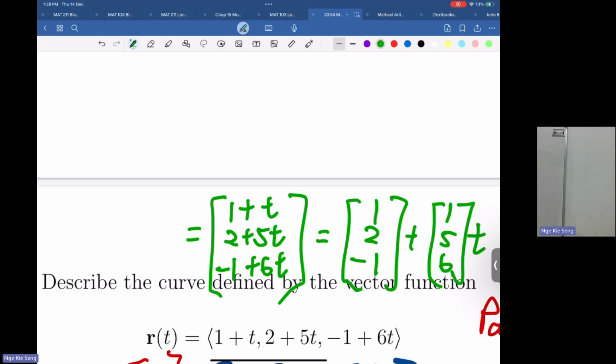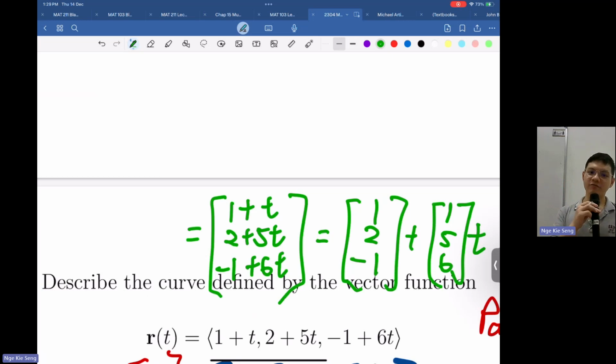There was one time I talked about this. What's this? t is real. What did you trace out with this function here? t is a real line. So what do you get here? A straight line. Okay, you get a straight line.